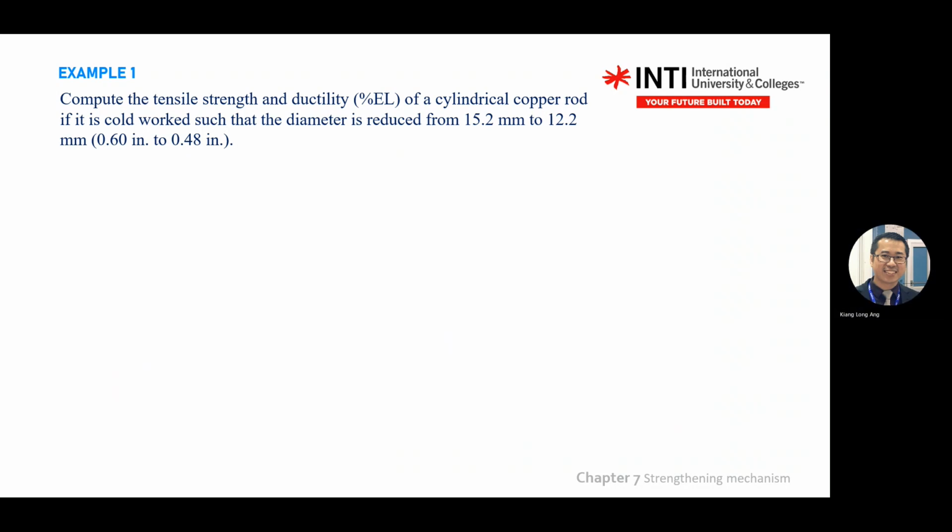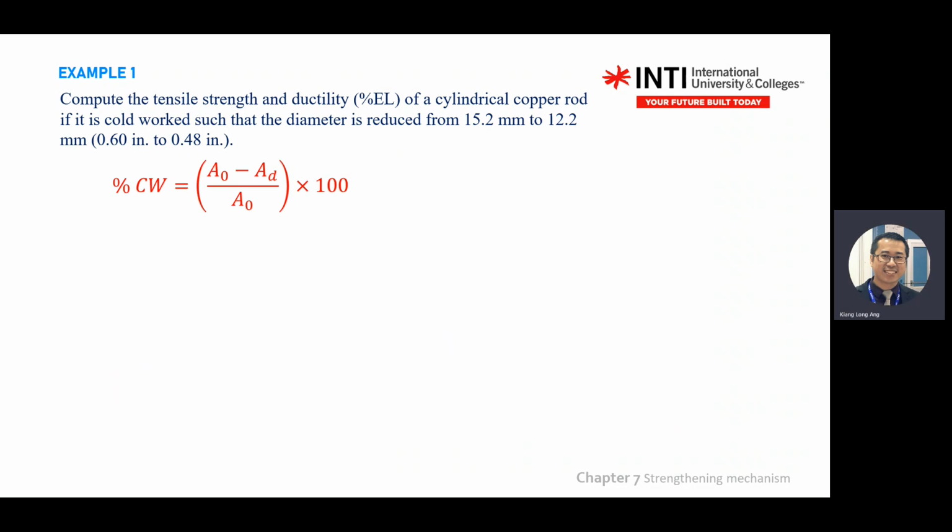It says cold work, which gives you a hint already: you need to use the percentage of cold work equation. The diameter is reduced from the original 15.2 to the last diameter, 12.2.